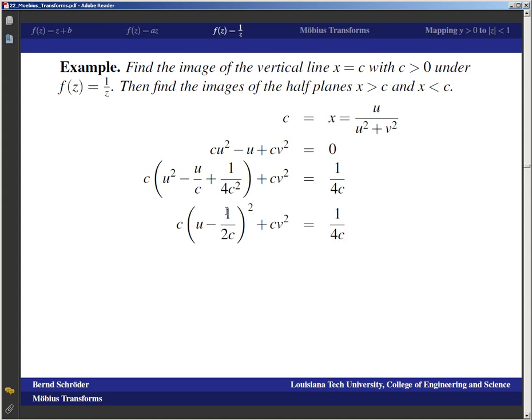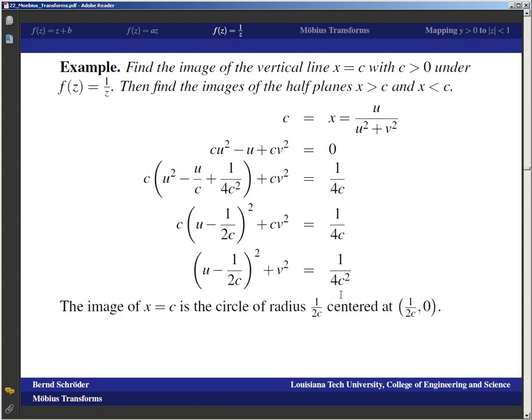So that gives us c times u minus 1 over 2c quantity squared plus c v squared equals 1 over 4c. If we divide by c, we get u minus 1 over 2c quantity squared plus v squared equals 1 over 4c squared. And that image, therefore, of x equals c is the circle of radius 1 over 2c, the radius of the right side, which is centered at 1 over 2c and 0 in the y direction.